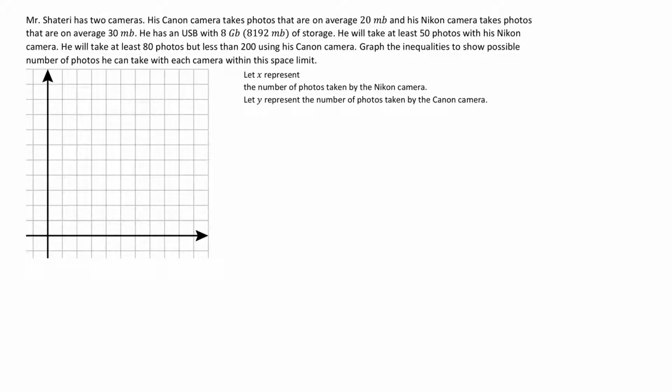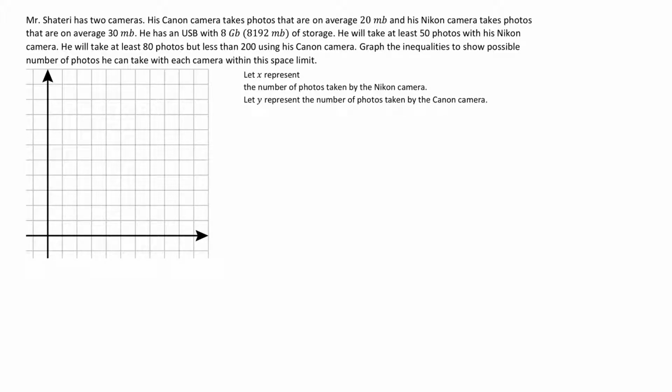So we want to see, if he has this much space and he has the 2 cameras, what are the possibilities of how many photos he is going to take with his Nikon, and how many will he take with his Canon. There's a little hint over here. It says let X represent the number of photos taken by the Nikon camera and Y represents the number of photos taken by the Canon camera.